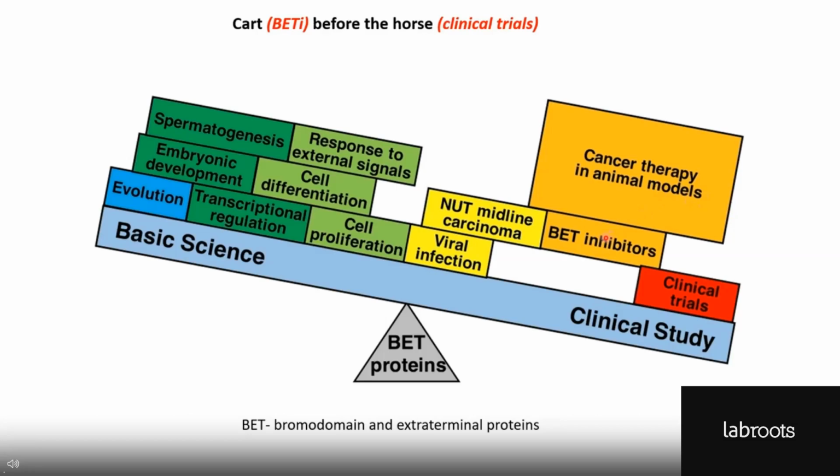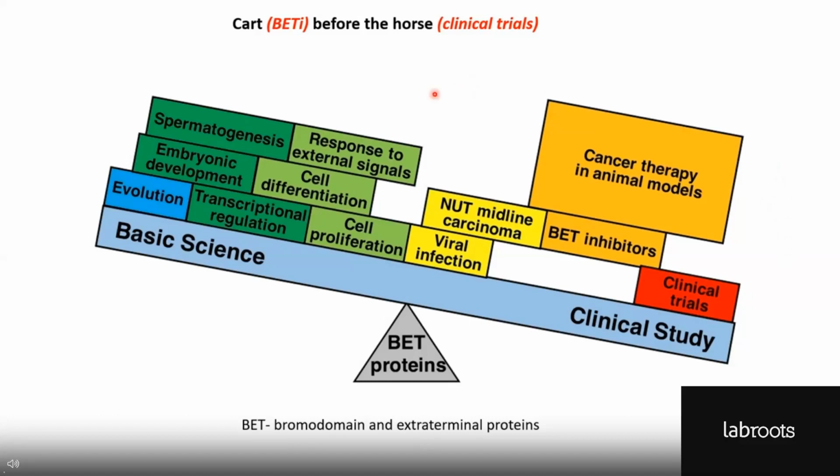And these inhibitors now have spun off into approximately 39 clinical trials around the world, simply trying to ask the question, how can we use BET inhibitors to prevent transcription of key oncogenes in various kinds of cancers?